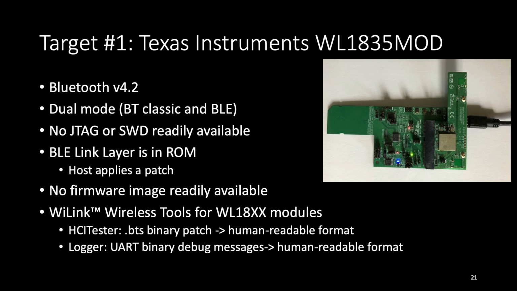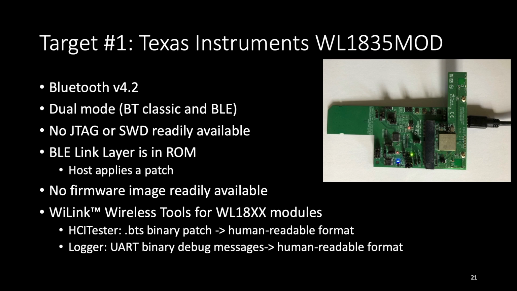Now we have the lab set up, so let's look at a specific chip. The first target is the Texas Instruments WL1835MOD chip, and this chip supports Bluetooth version 4.2. This development board was slightly different from other development board units in that it does not have hardware debugging exposed.